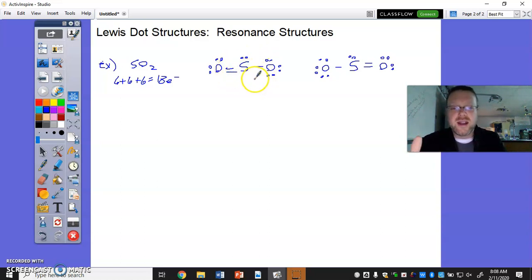And so this kind of comes to a crux of what's good about Lewis dot structures and what's not so good about Lewis dot structures. So Lewis dot structures are fantastic for figuring out if valence electrons can be used to create stable molecules for atoms, and how those electrons would be shared versus not shared.